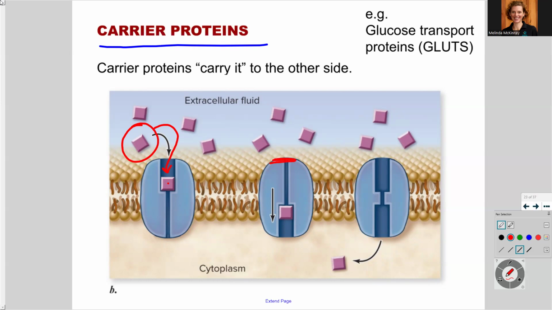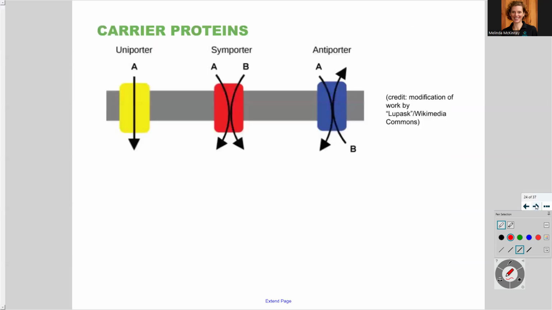And then the other door opens, and it can come out the other side. So these are a lot slower compared to the other ones, but they're easier to regulate. They can also become saturated, so they're all full, and that slows down transport.